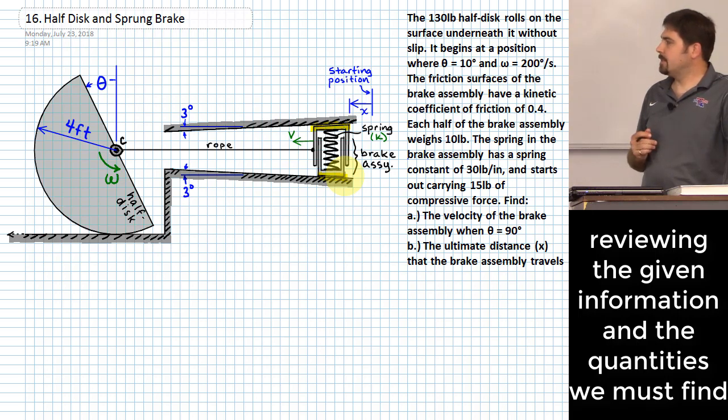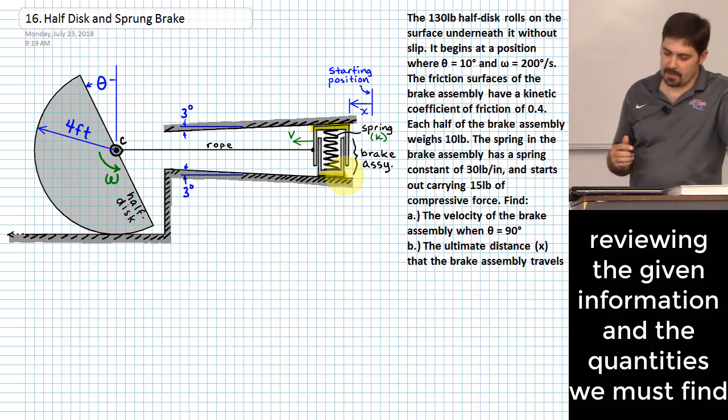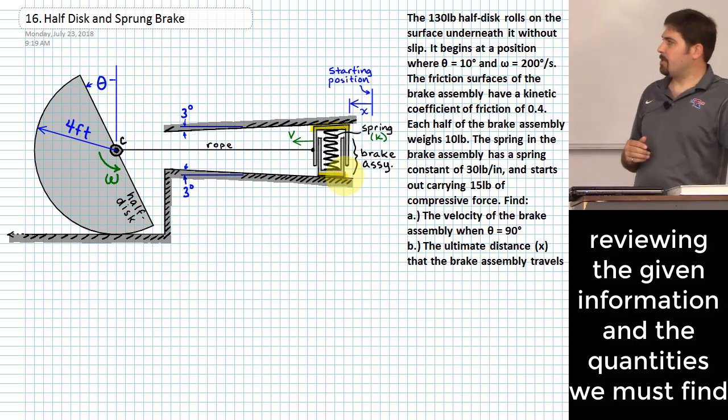First of all, I want us to find the velocity of the brake assembly when this thing has rolled down such that the angle theta is 90 degrees. You can imagine that theta is always measured relative to vertical. It'll be that face of the half disc relative to vertical. And so when that reaches down to 90 degrees, what is the velocity of the brake assembly?